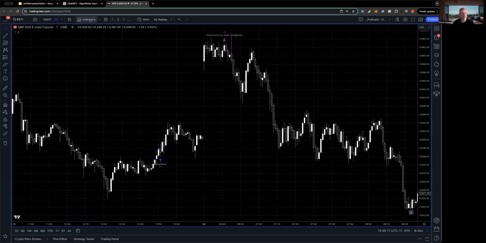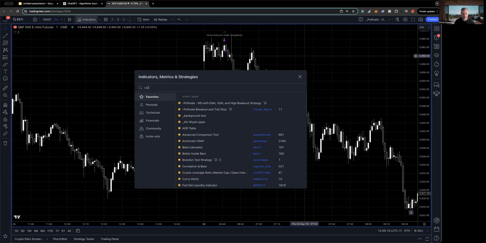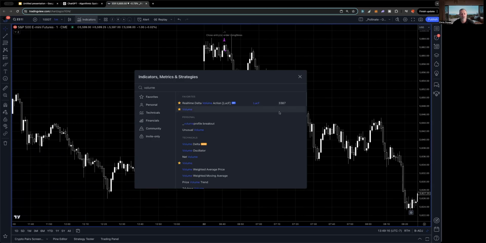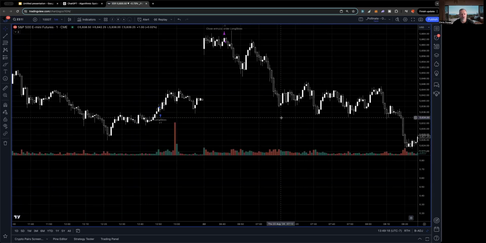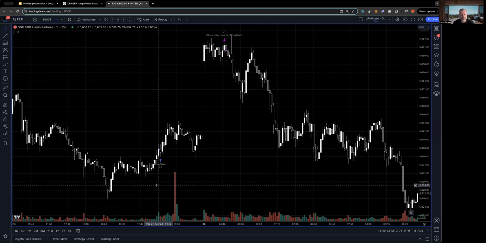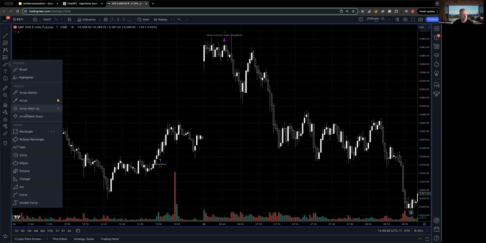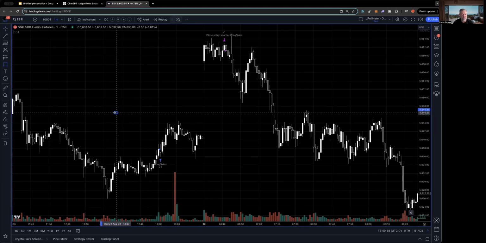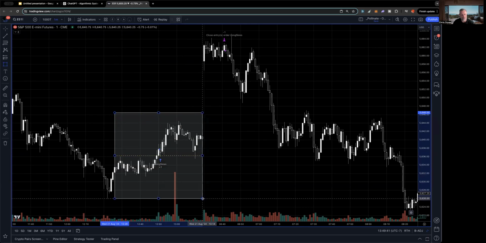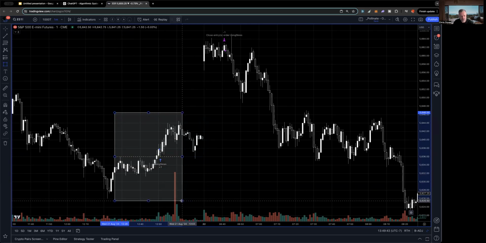So one of the things we can do, let's just throw something like volume here. If we throw the volume chart, you can see that this was yesterday, Wednesday, today's Thursday. Now what I do is I set a window, a period that we're going to monitor.